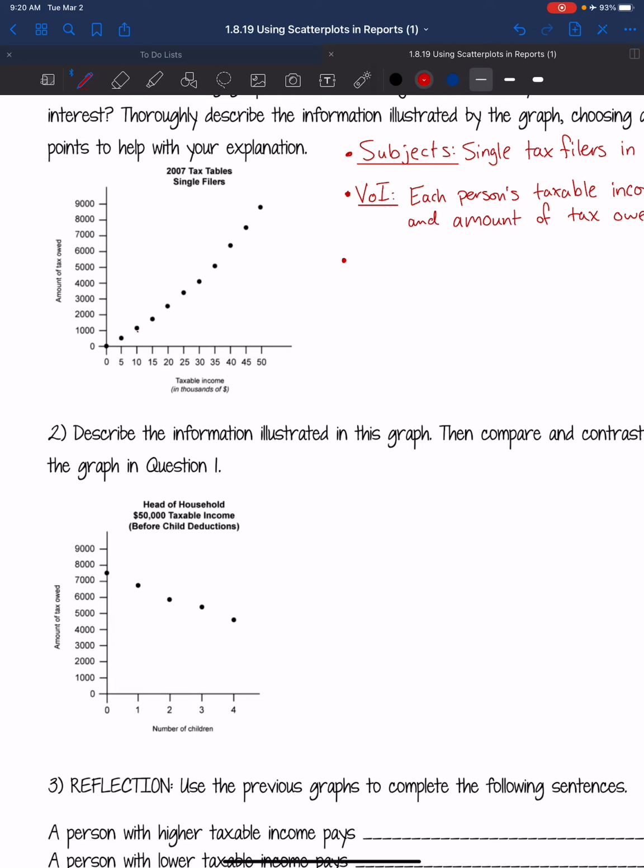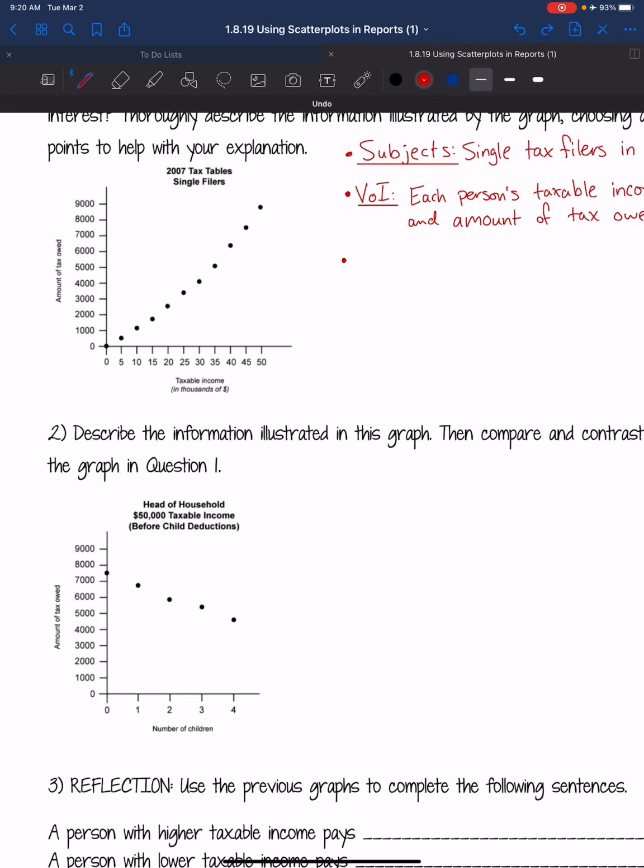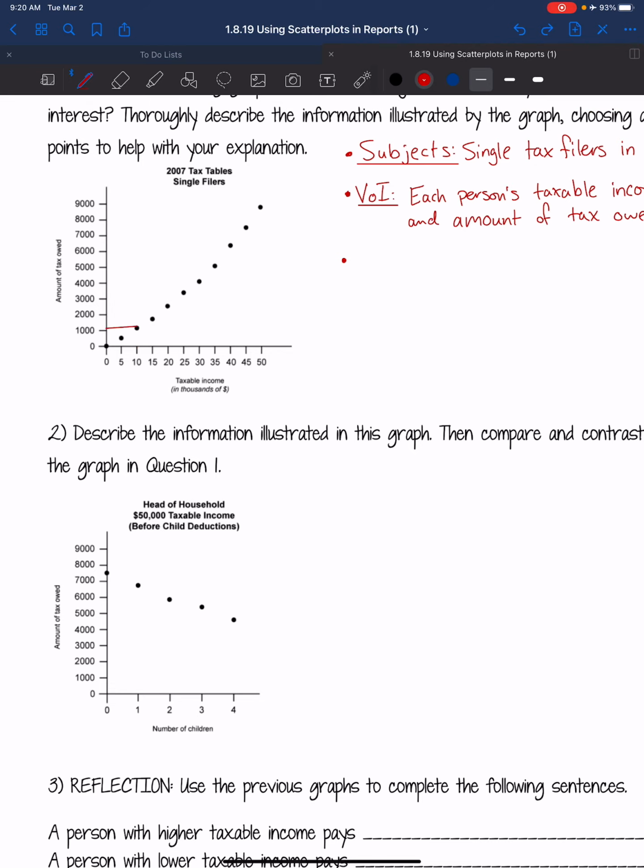So, here, let me clean this up a little bit. So we got a data point right there. Meanwhile, someone who makes $50,000 in taxable income will be spending about $9,000 in taxes.